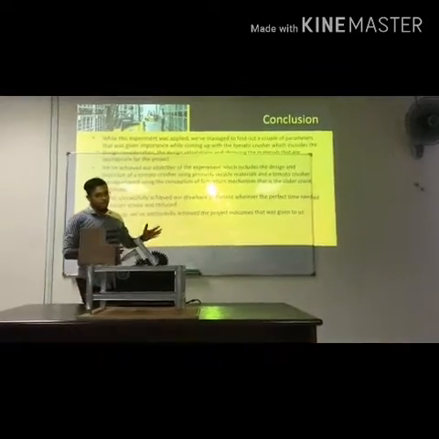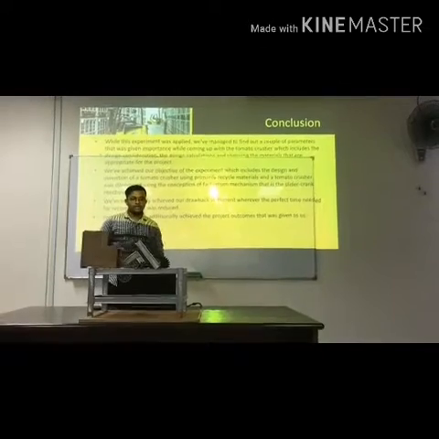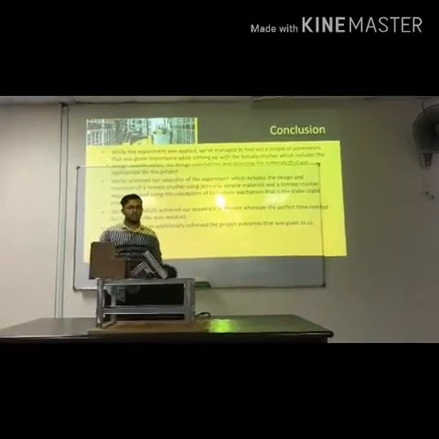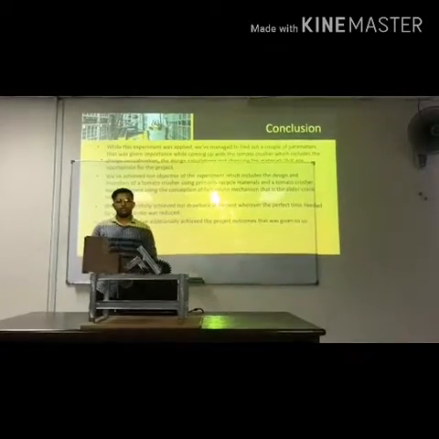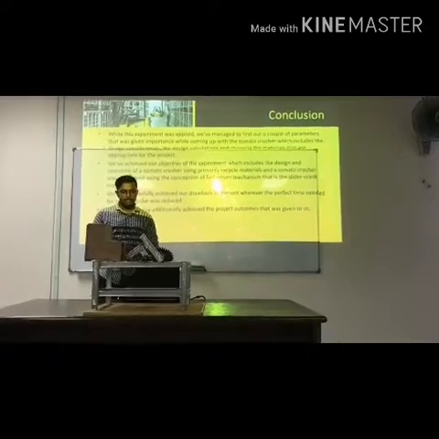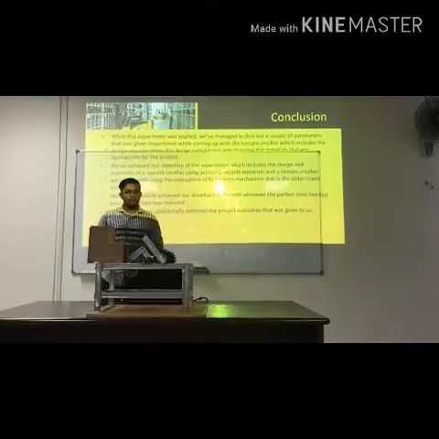So for the conclusion part of this project, while this experiment was applied, we managed to find out a couple of parameters that were given importance while coming up with the tomato crusher, which include the design consideration, the design calculation, and choosing the materials that are appropriate for the project.